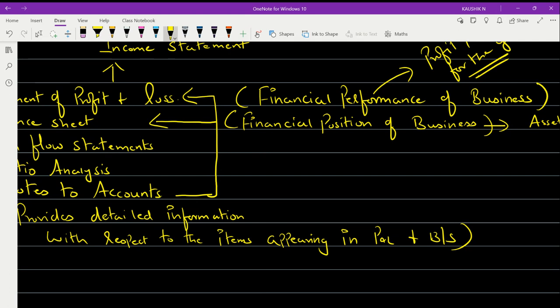So usually when we come to a business, there are three important activities which we have to understand. What are they, if you ask? We are going to learn the chapter called cash flow statement.